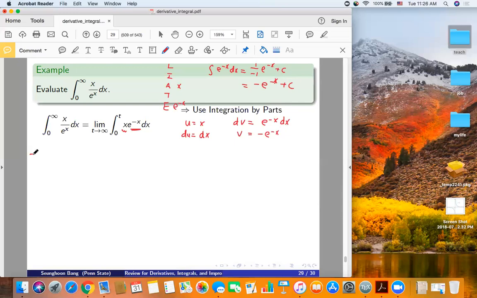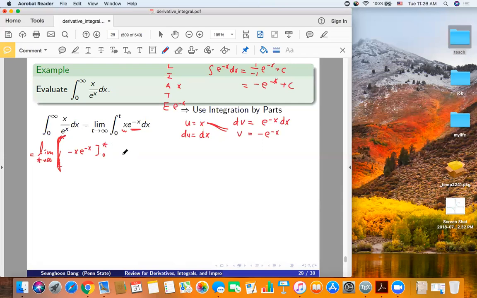So this is the same as the limit as t approaches infinity. Here, u times v. Parentheses are better, you can use parentheses. So u times v is negative x e to the minus x from 0 to t.